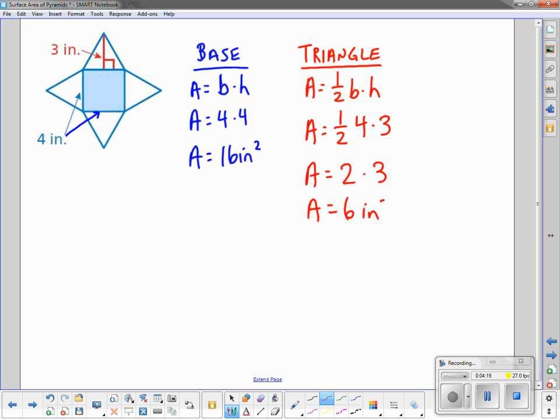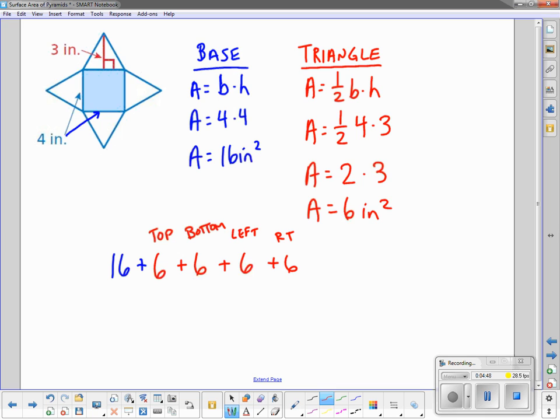And so when I add all these together, I've got 16 plus 6 for one triangle, plus another 6 for, let's say the first 6 was for the top, the next 6 was for the bottom, and then let's say 6 for the left and 6 for the right triangle.